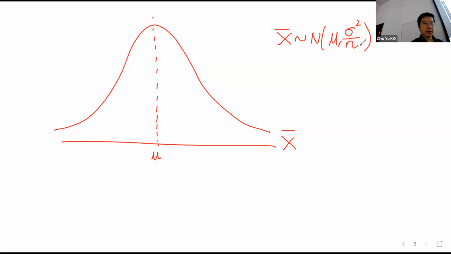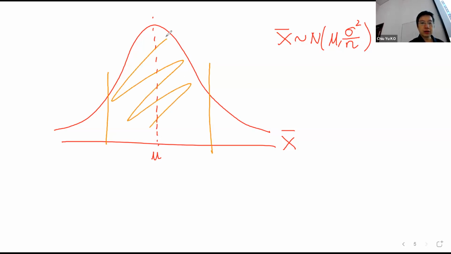It means that before you do any sampling, if we want this to be 1 minus alpha, because of the bell curve, maybe 1 minus alpha is like 90%, 95, or 99.